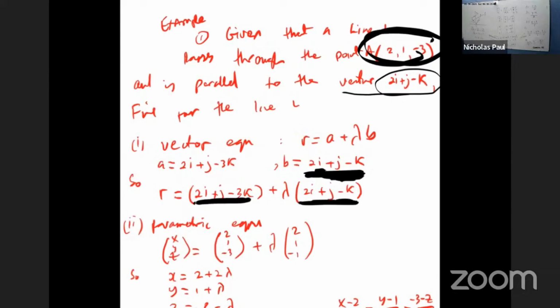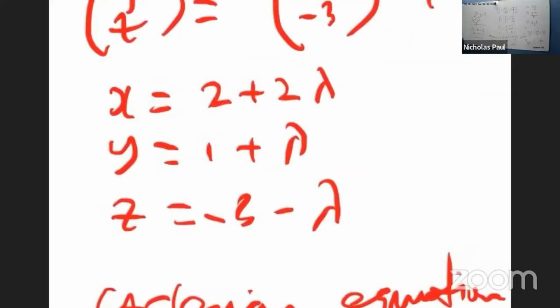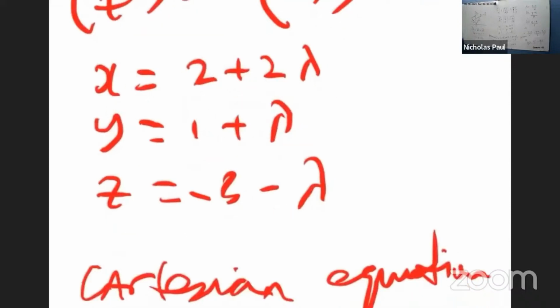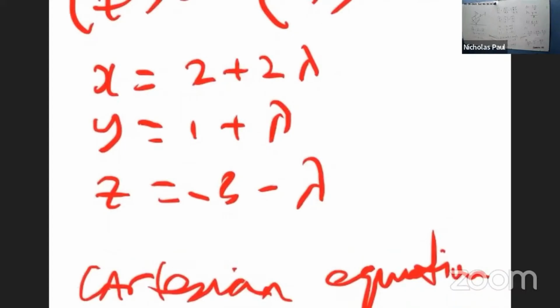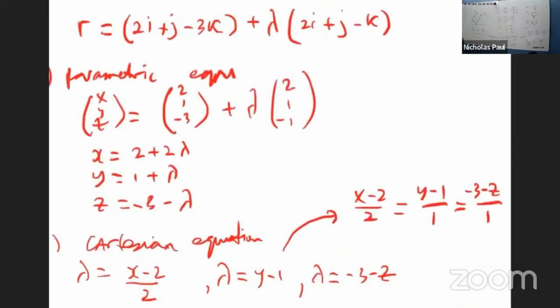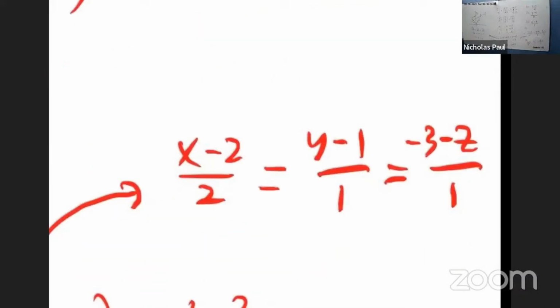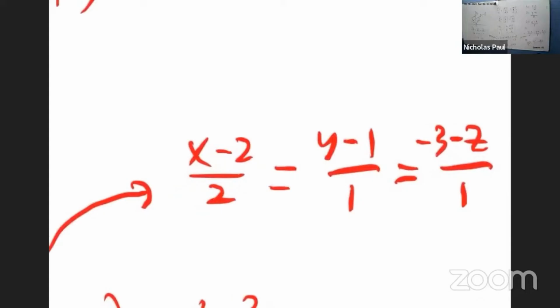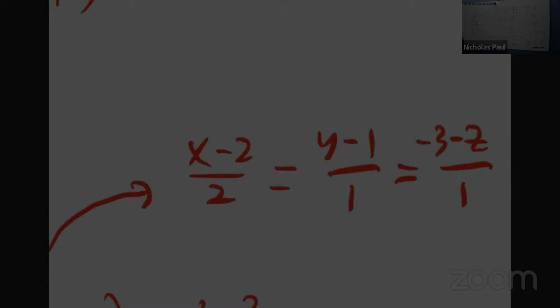You write it vertically first, and then you multiply it out. And you end up with X is equal to 2 plus 2 lambda, 1 plus lambda, minus 3 minus lambda. What's the next step, Shivish? To get Cartesian, make lambda the subject. When you make lambda the subject, you will end up with X minus 2 on 2, Y minus 1 on 1, minus 3 minus Z on 1.